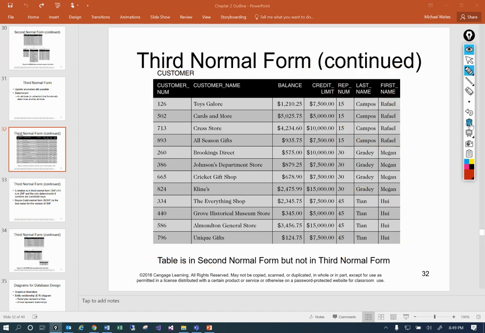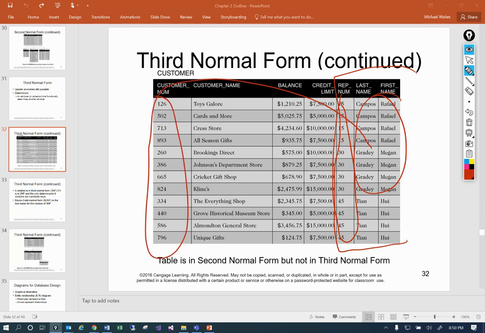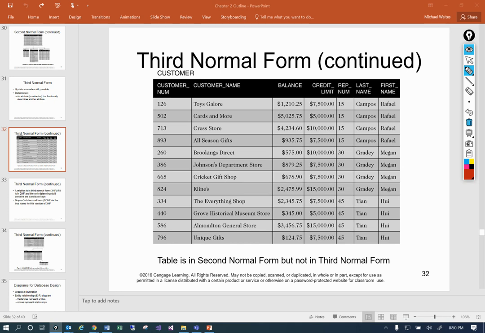And in this case, we want to pull this data out because this is functionally dependent on this, but it's not functionally dependent on this. This data is functionally dependent on this, but not on this.